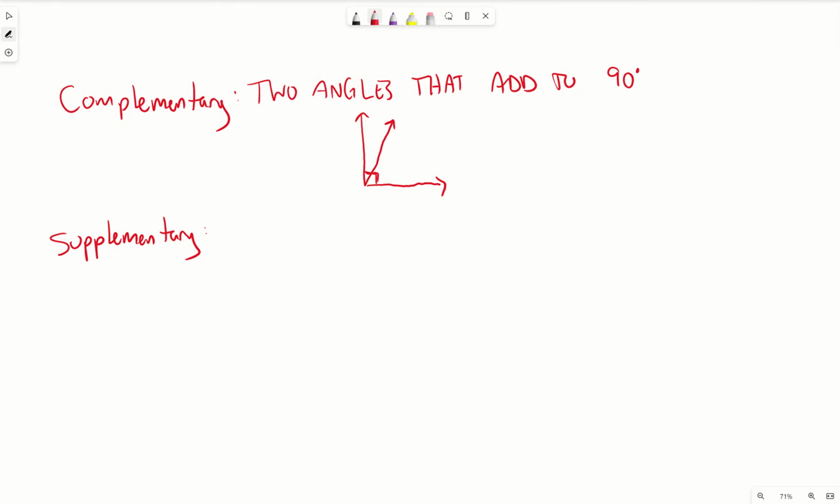Now, supplementary, very similar, but this is two angles that add to 180 degrees.